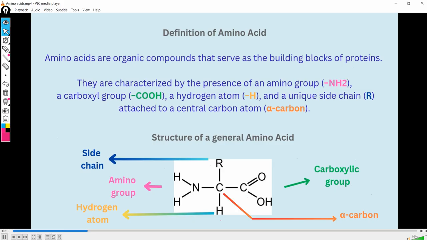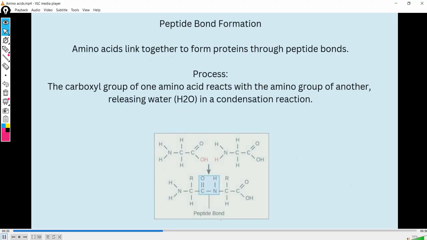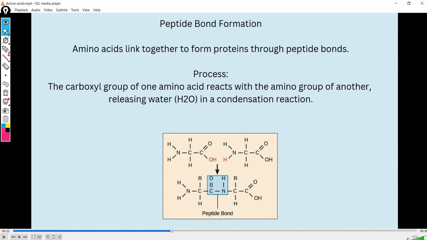Next, let us see how these amino acids are linked up with one another to form a protein. We have studied that proteins are made up of amino acids. So they can't be blindly held; they should be held by a certain kind of force. So what is the holding force between two amino acids? These two amino acids are linked through a specific bond known as the peptide bond.